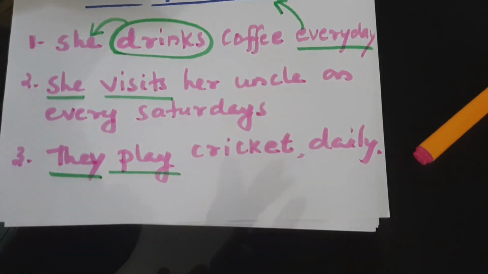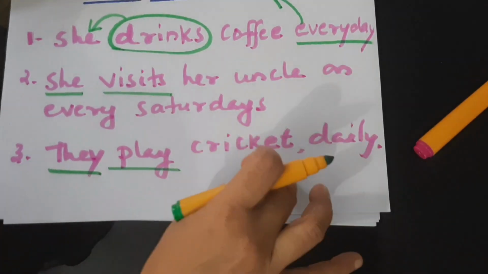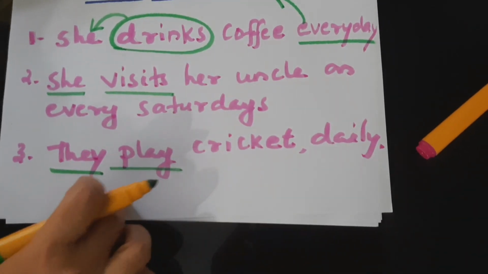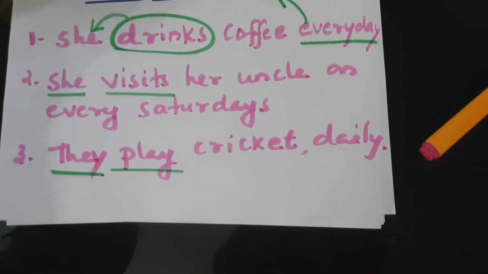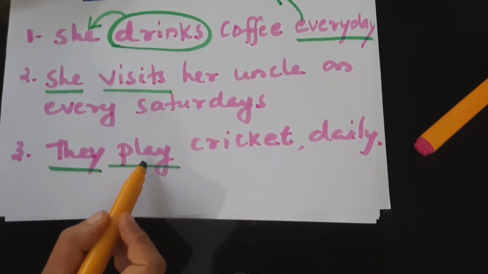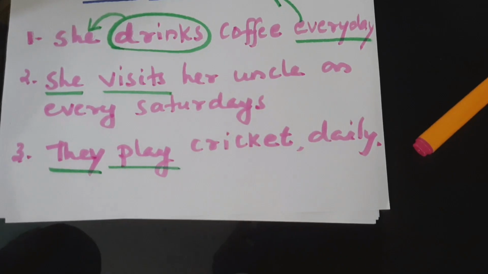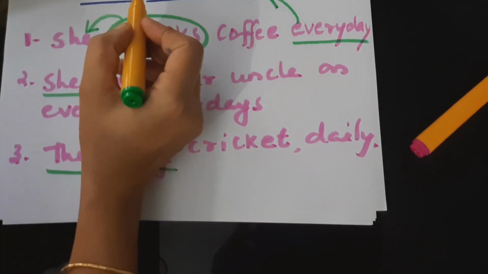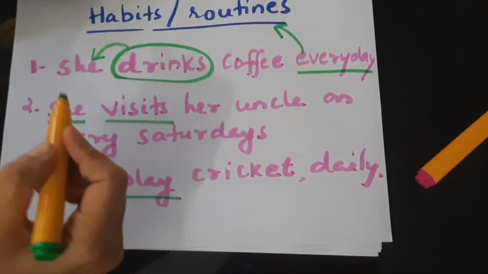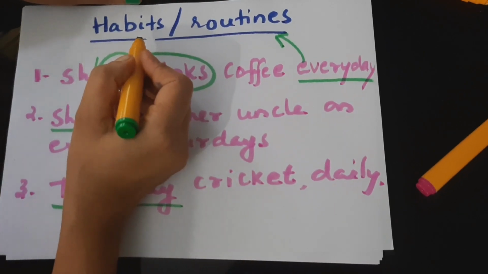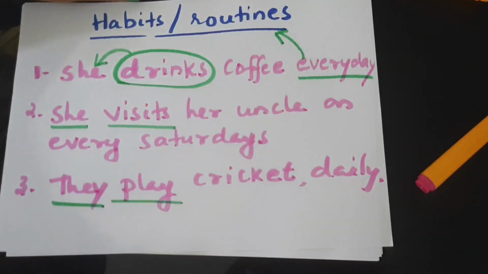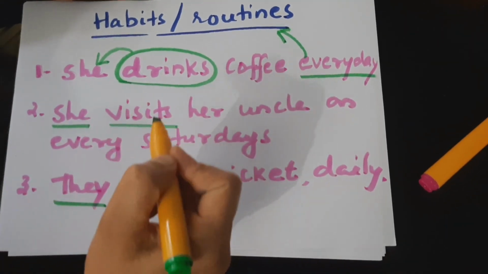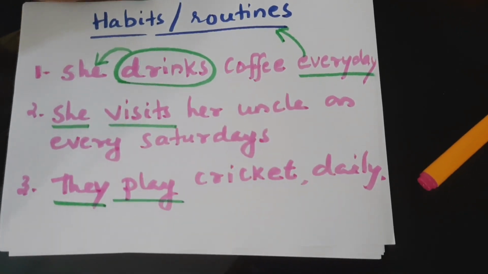Means every day these people play cricket. This is their habitual action. That's why we used simple present here. So, in order to denote a habitual action and a routine, you can use simple present tense.